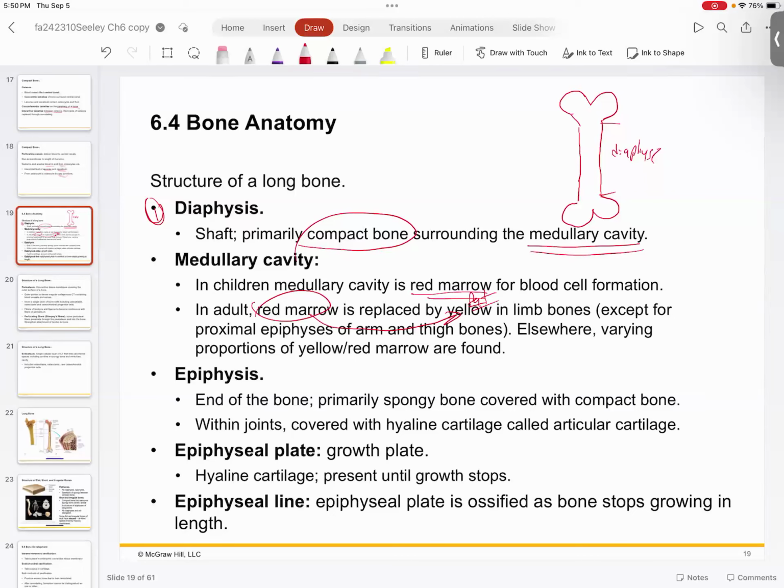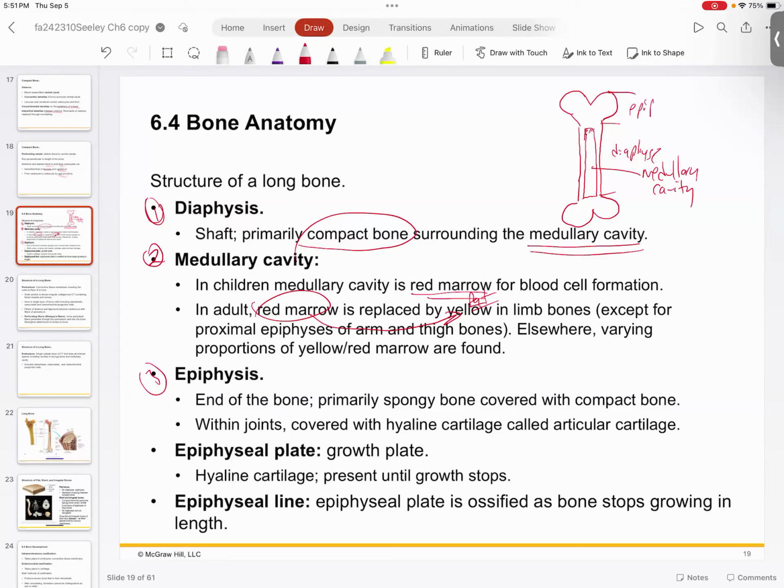The next major part of the bone itself is going to be, so let's put the medullary cavity in here. So the medullary cavity is going to be this big cavity like this. Okay. The next major piece is the epiphysis. You have two of them. So basically it's the tips of the bones.